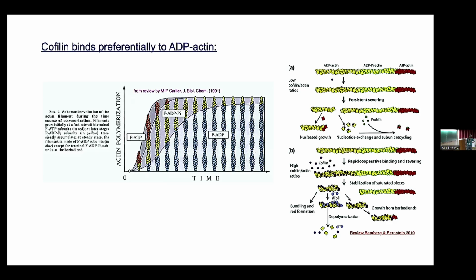Then you get the ADP plus Pi F-actin, and then you eventually get ADP actin, and cofilin binds only to ADP actin. This means that this mechanism of cofilin binding involves a delay, because the freshly polymerized actin filaments are immune to severing by cofilin, and only after hydrolysis has happened can cofilin bind and start generating stresses within the filament.